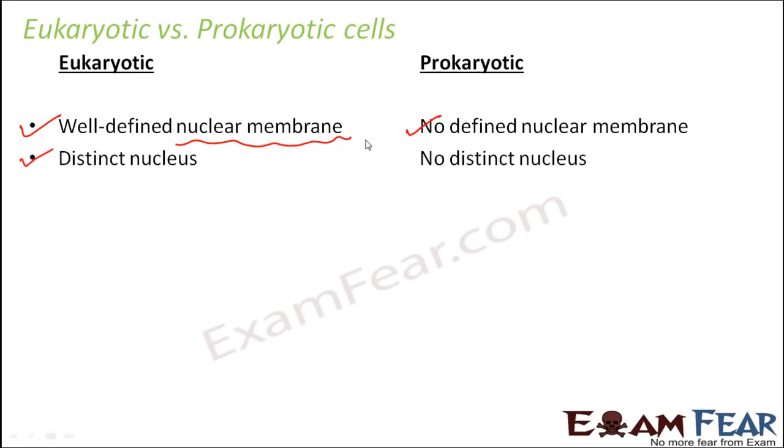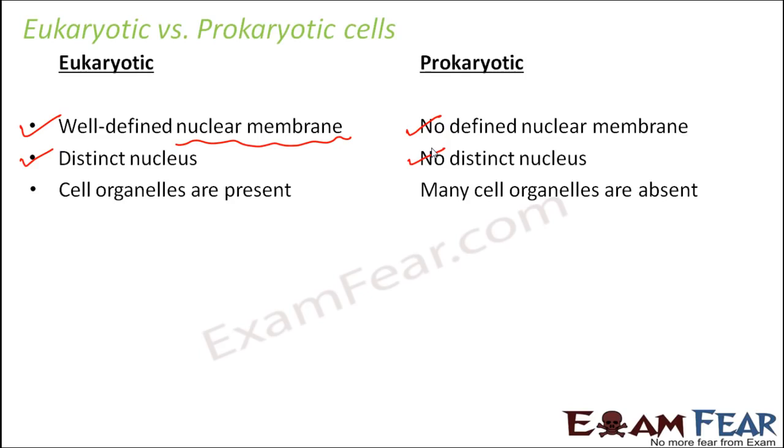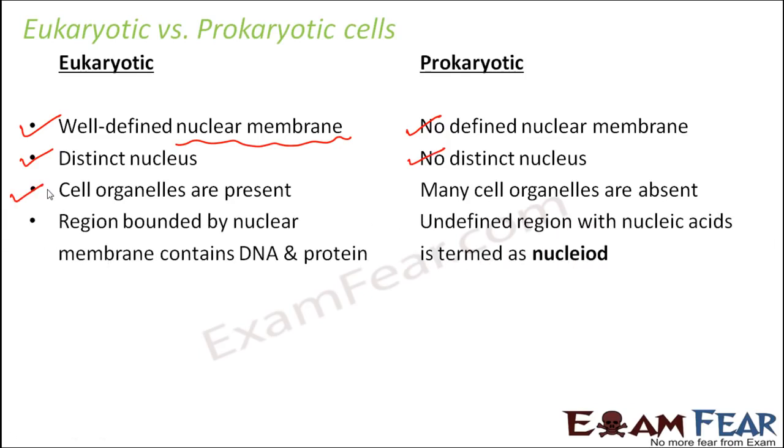Here you have a distinct nucleus, there no distinct nucleus. So in prokaryotic, all the genetic material is just lying scattered in the cytoplasm. Cell organelles are present in eukaryotic, they are absent in prokaryotic. Region bounded by nuclear membrane contains DNA and protein. So basically this is the composition of the nucleus.